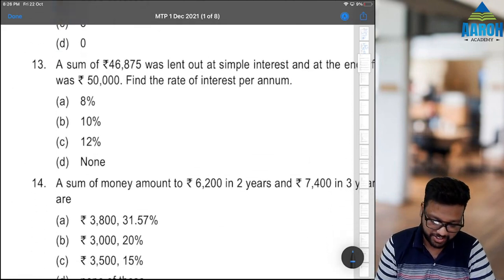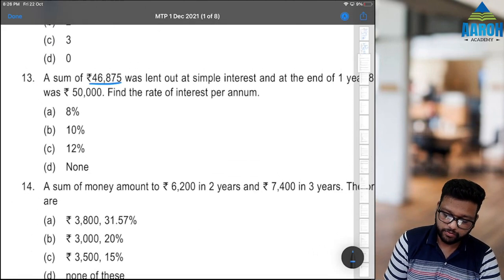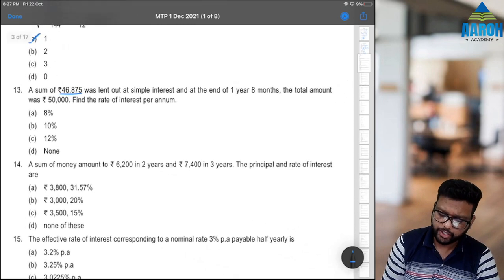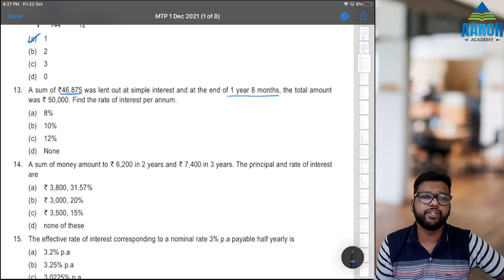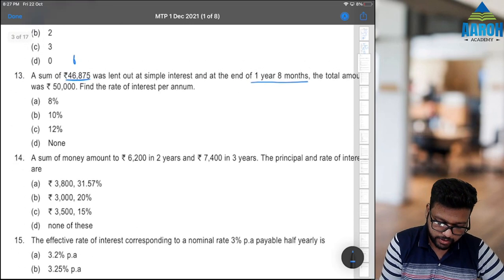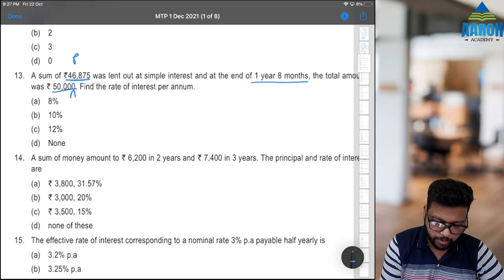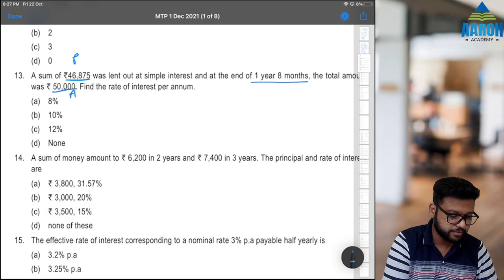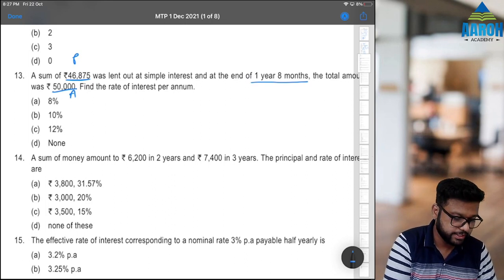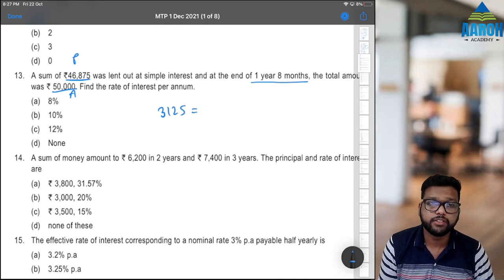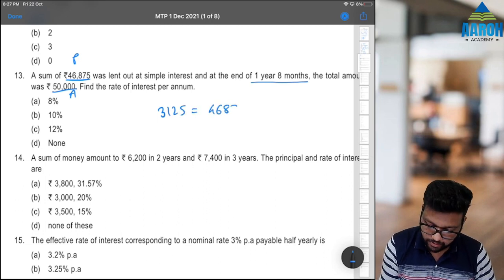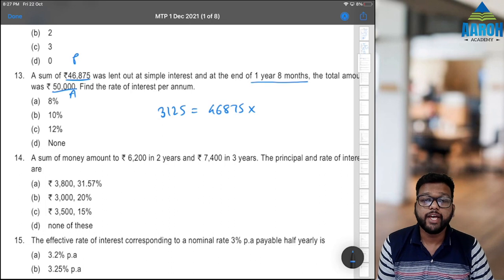Fine. Next. A sum of this was lent out at simple interest. At the end of 1 year 8 months, the total amount was 50,000. Find the rate of interest per annum. Okay. So this is the principal. This is the amount. So simple interest will be the difference, 50,000 minus 46,875. So 3125 is the simple interest. Simple interest is principal into n, number of years.